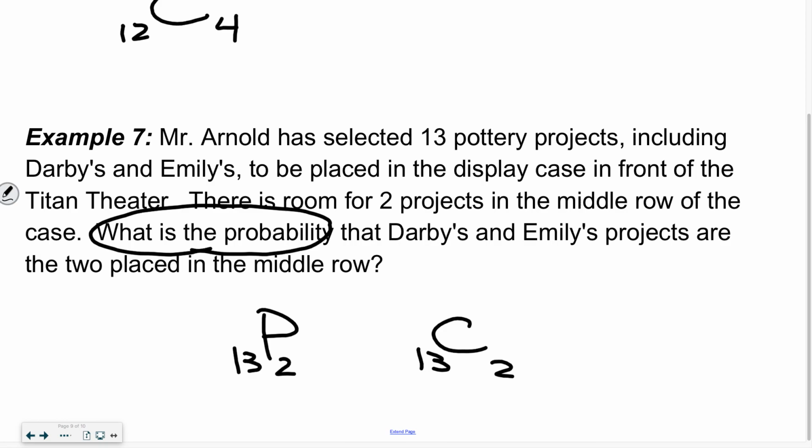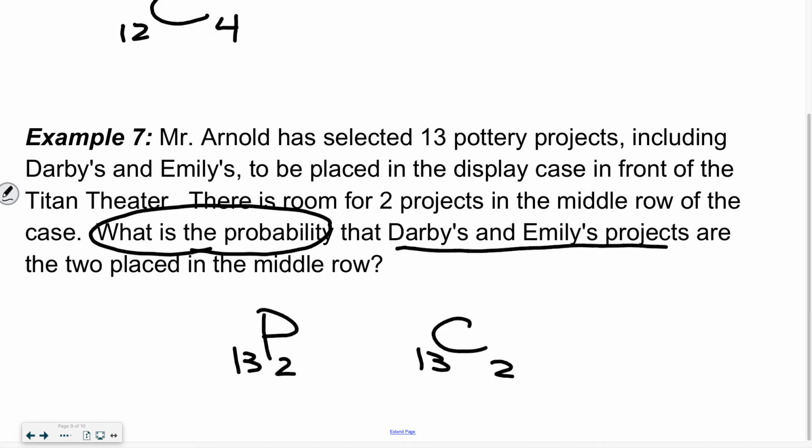There's 13 ways to get Darby and Emily's in the middle row. There's two spots, right? And it's either going to be Emily, Darby or Darby, Emily, for this to be the thing that we want, right?